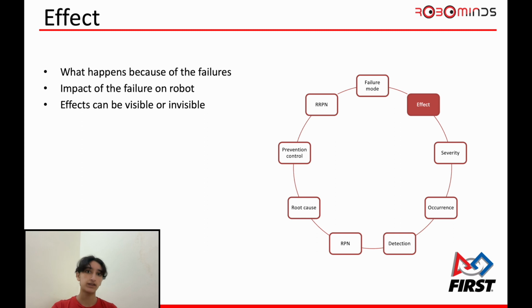But if we take another example, like a cake, if you're making a cake and you're meant to add 5 grams of sugar, but instead you add 20 grams, your effect over here would be that there's too much sugar. When you taste the cake, the effect is very visible. It's noticeable.